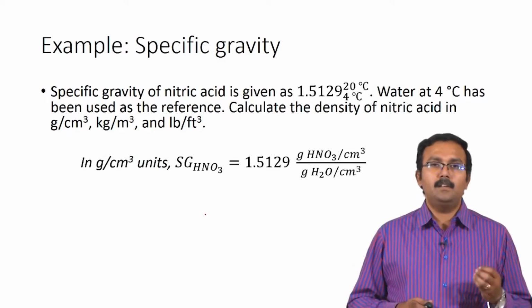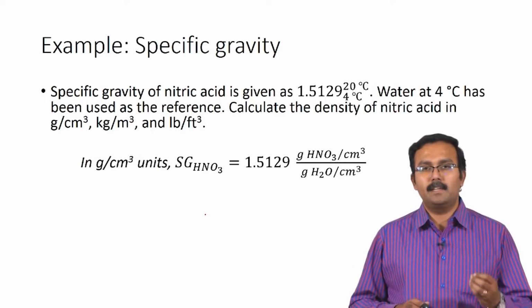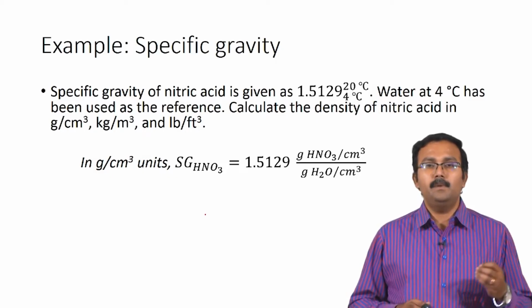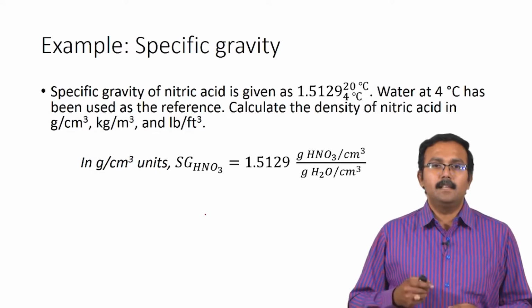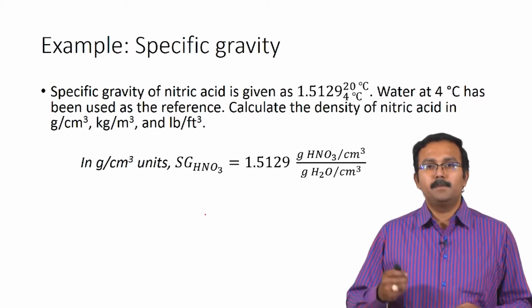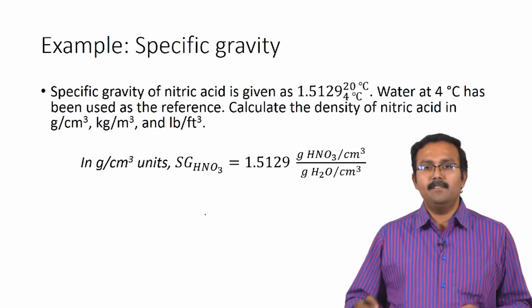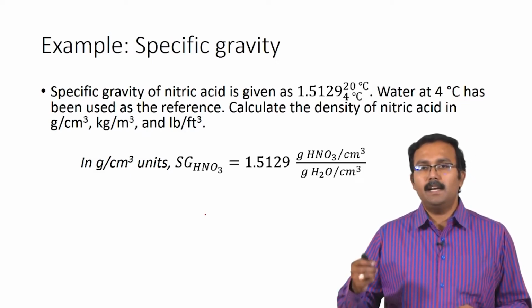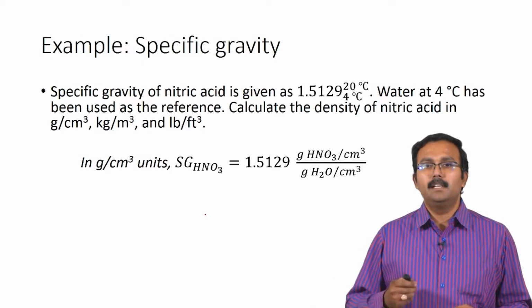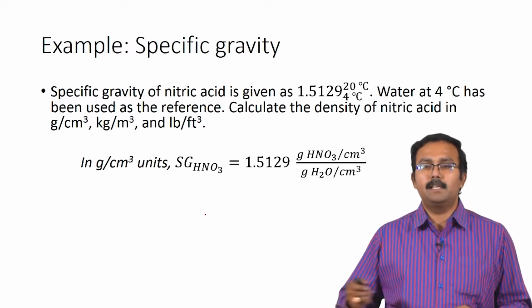So if we were to find the density in terms of grams per centimeter cube, then we should use appropriate units for the specific gravity of nitric acid. In grams per centimeter cube, the specific gravity of nitric acid would be given as 1.5129 grams of nitric acid per centimeter cube divided by grams of water per centimeter cube.